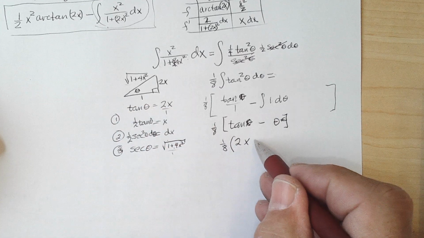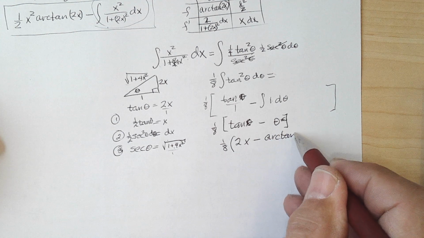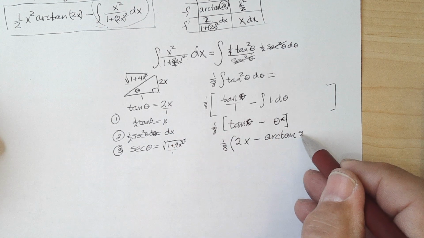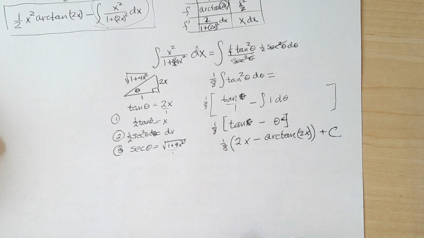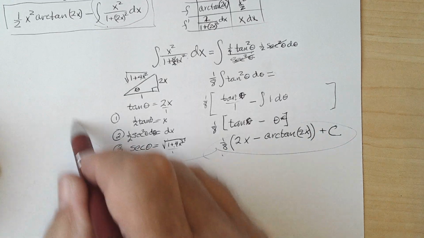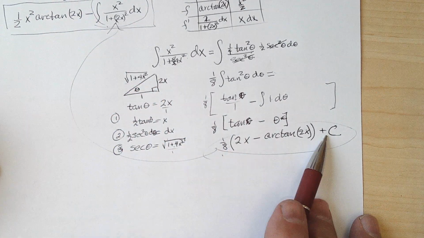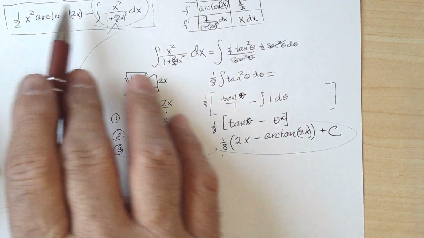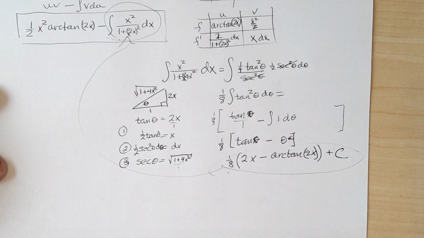Theta is the arctangent of 2x. So this is what I'd have to put in place of this. And so it'd be minus 1/8 times this plus c. This minus 1/8 times this plus c would be the answer to number 7.